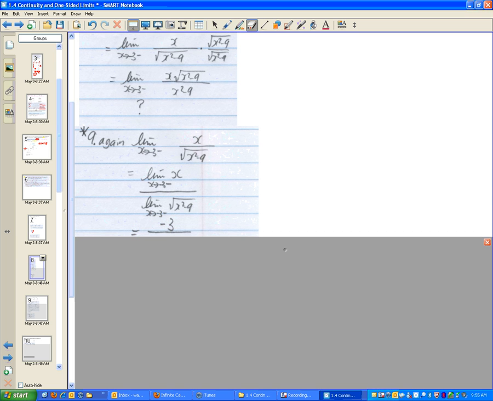But the denominator, I can't substitute. So instead, I'm going to reason. If x approaches negative 3 from the left, well, as x gets closer to negative 3, when you square that, it gets closer to 9, doesn't it?